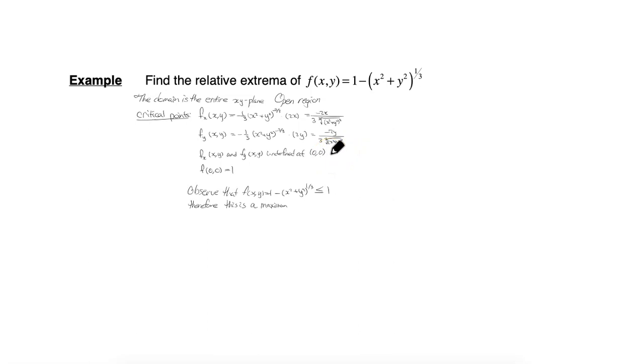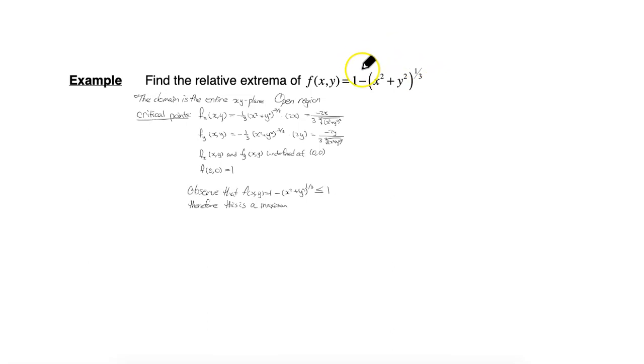If we plug 0, 0 in the function, we find that it's 1 minus 0, so the extreme value is z equals 1. Once again, by observing the expression, we will notice that x squared plus y squared is always going to be a non-negative number, and then taking the cube root is still going to be non-negative.